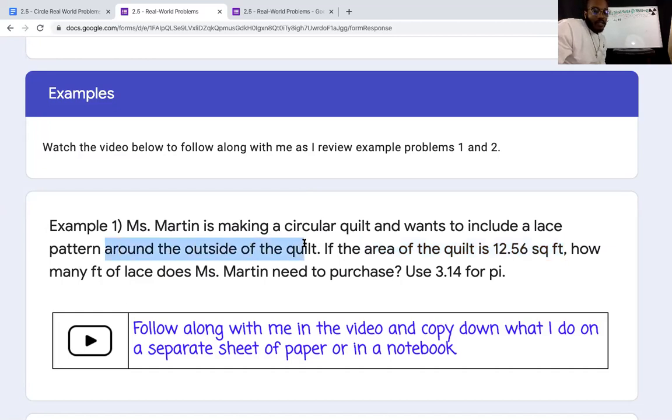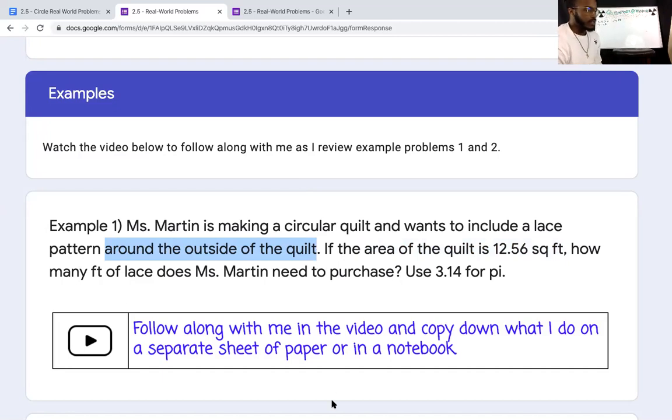Now, it doesn't say very specifically you need to find this part of the circle. But from this definition, we know that we're going to be looking for something. I'm just going to go through my brain and think about what could I define as being the outside or going around the outside of a circular object.